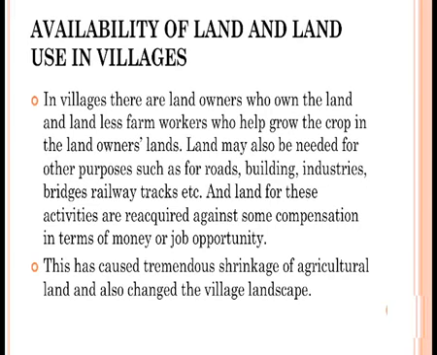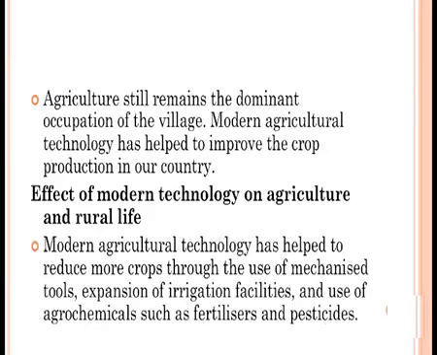Land may also be needed for other purposes such as roads, buildings, industries, bridges, railway tracks etc., and land for these activities is acquired against some compensation in terms of money or job opportunities. This has caused tremendous shrinkage of agricultural land and also changed the village landscape. Agriculture still remains the dominant occupation of the village.